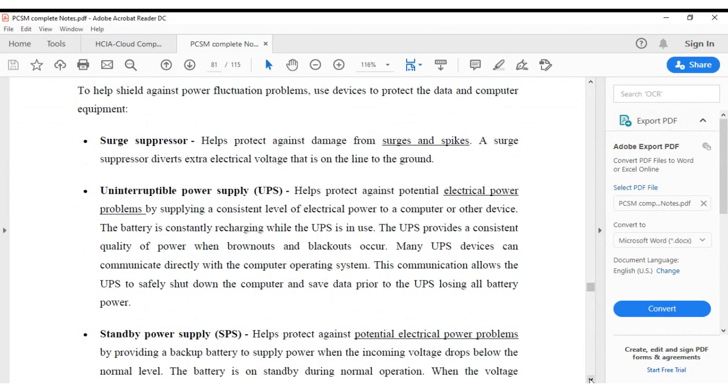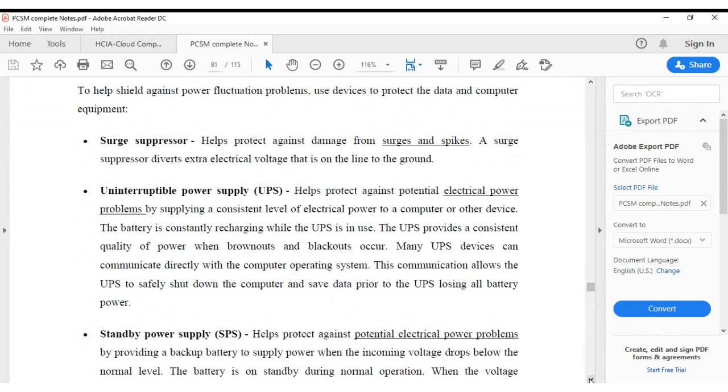UPS helps protect against potential electrical power problems by supplying a consistent level of electric power to a computer or other devices.